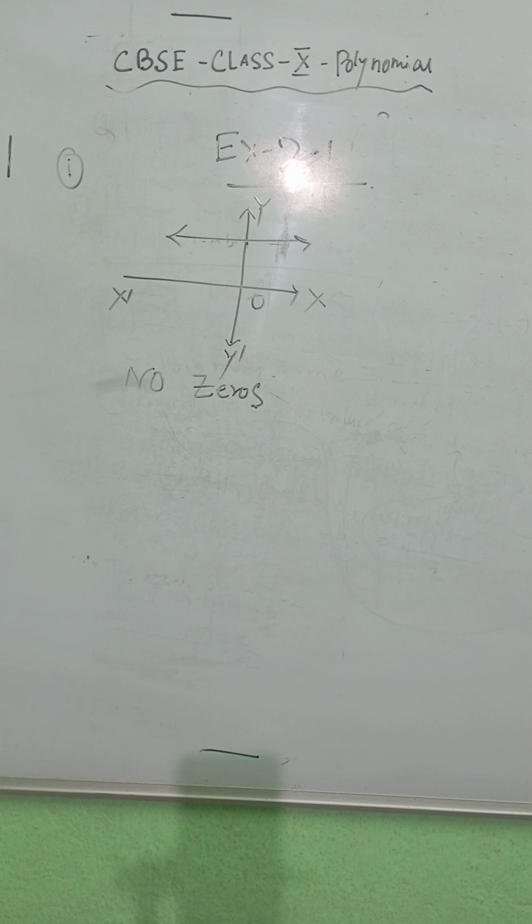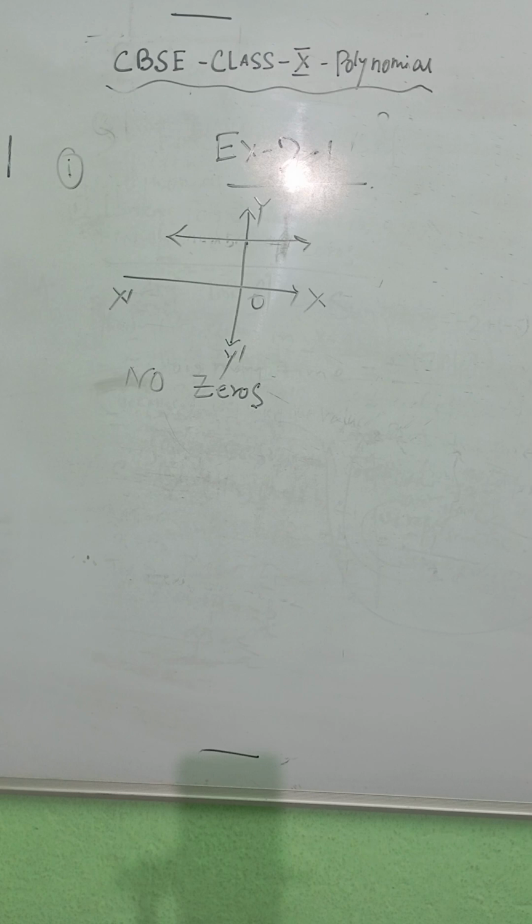Now very important is question number 5. You can see that it cuts the x-axis at 1, 2, 3, 4 points. So the number of zeros is 4. Now for 6, the curve cuts the x-axis at 1, 2, 3 points. So the number of zeros is 3.